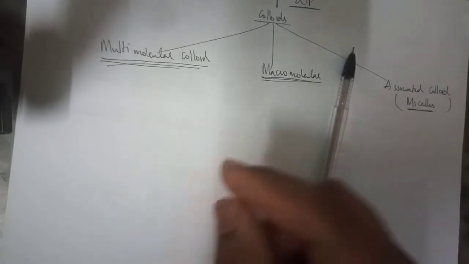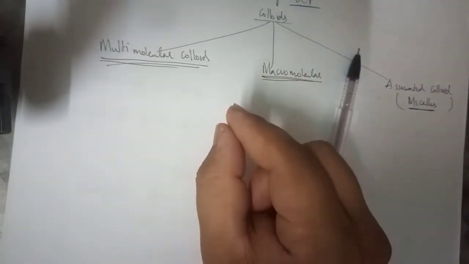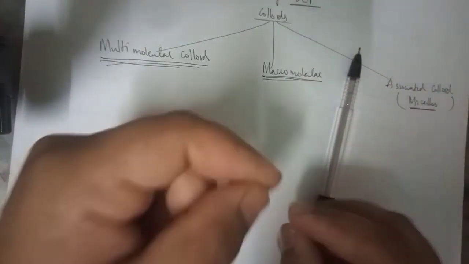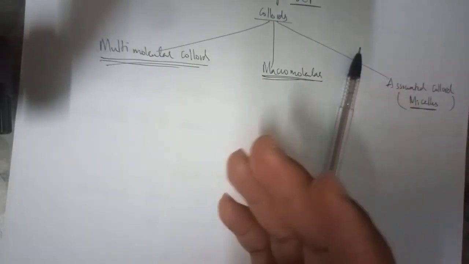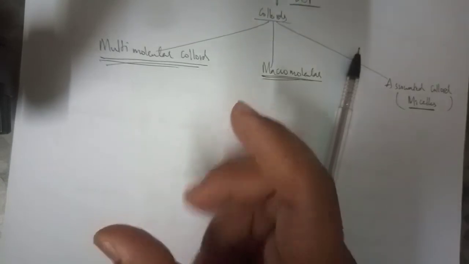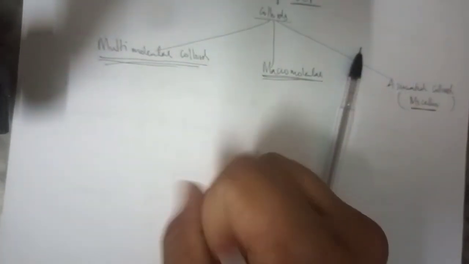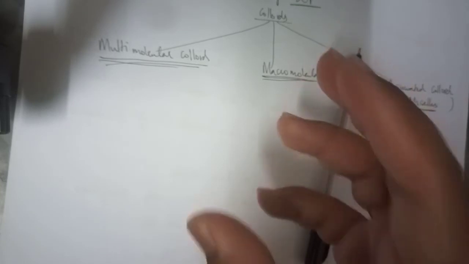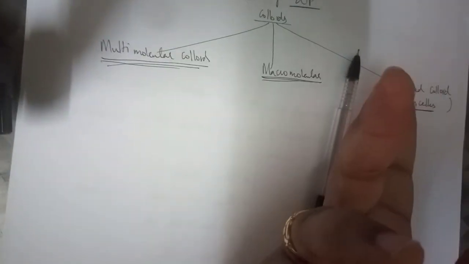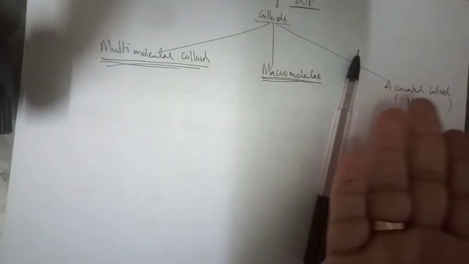But suppose many 0.5 nm particles are all together, many molecules clubbed together, 0.5 plus 0.5 plus 0.5 like that. If say 10.5 nm molecules have been clubbed together, then the size range no longer falls into the true solution, it falls into the colloidal solution.